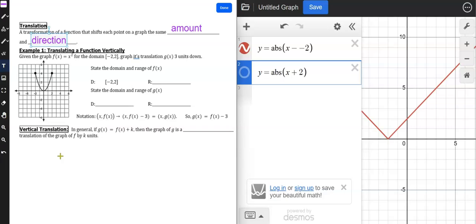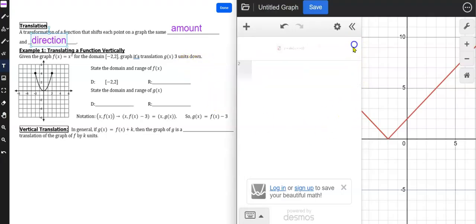Given the graph, f of x equals x squared, but we're only looking at a portion of it from negative 2 to positive 2. Hold on a second. Okay, they want me to graph its translation 3 units down. Graph its translation 3 units down.